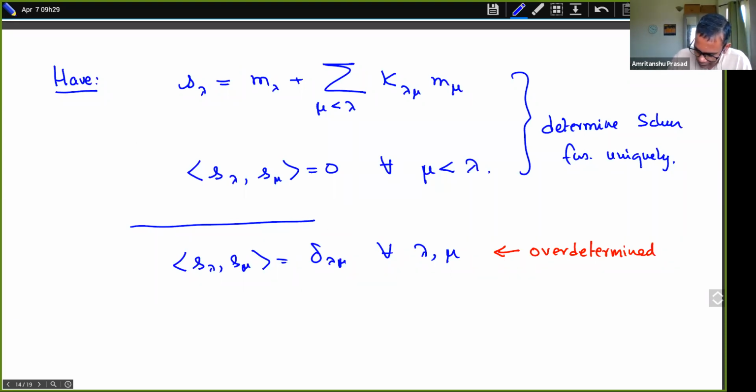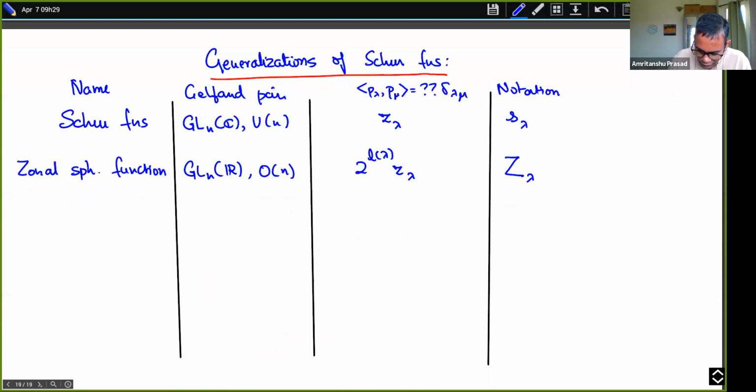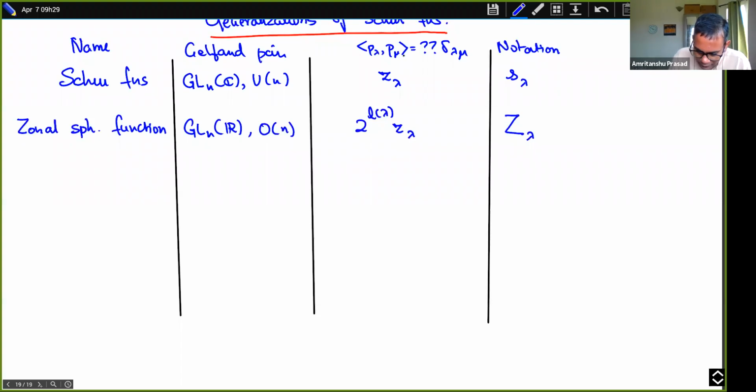So the zonal spherical functions are completely characterized by saying that they come from a triangular transition matrix from the monomial symmetric functions, and that they are orthogonal with respect to this deformed inner product, where the inner product of p lambda and p mu is 2 to the L lambda times z lambda.